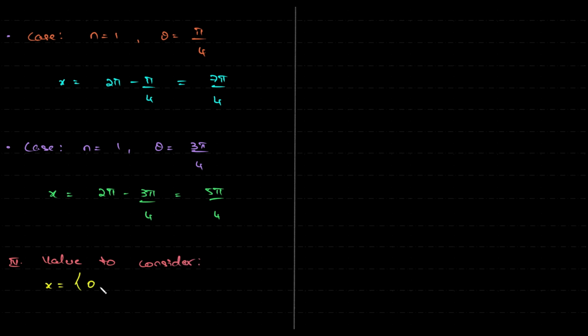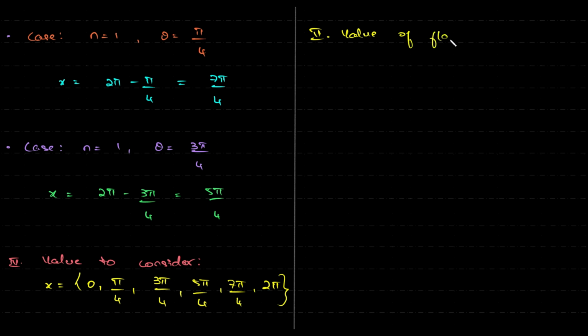So x would be equal to 0, the extreme value, then we have pi by 4, 3 pi by 4, then 5 pi by 4, 7 pi by 4, and last we have 2 pi. Finally we'll figure out the values of f of x.